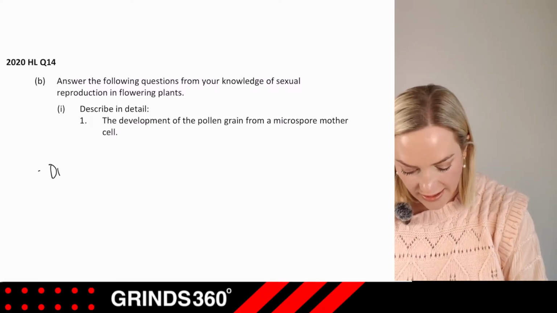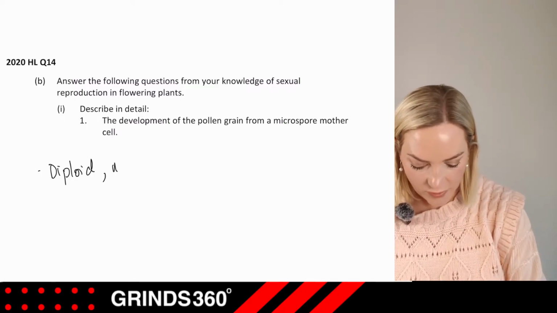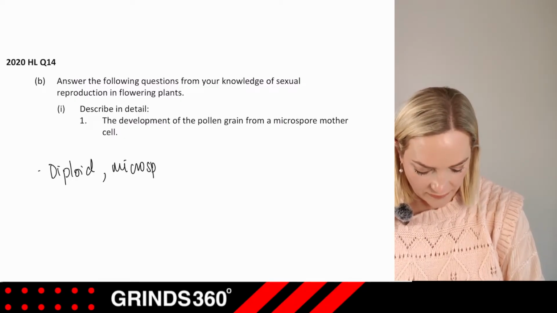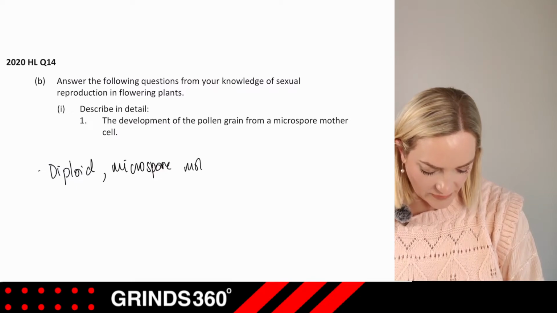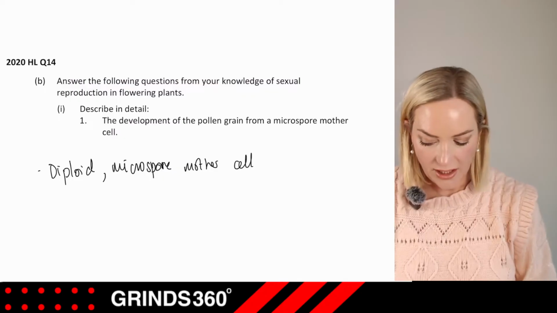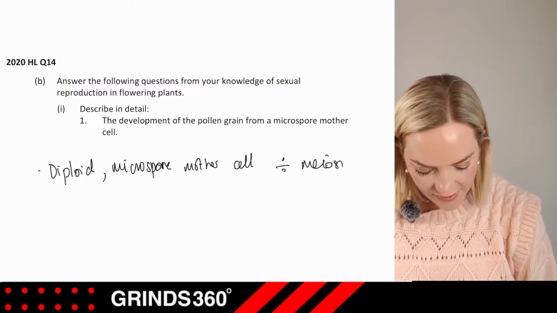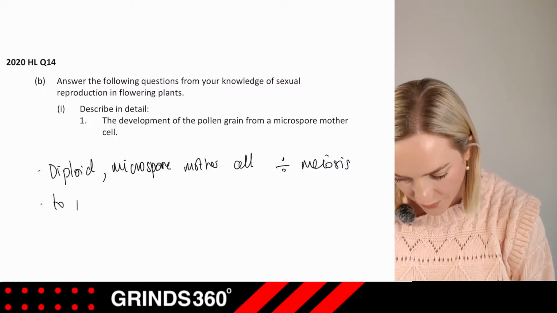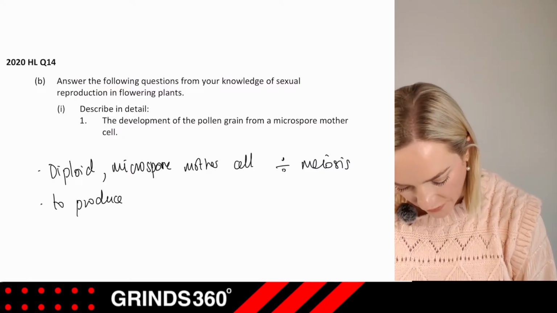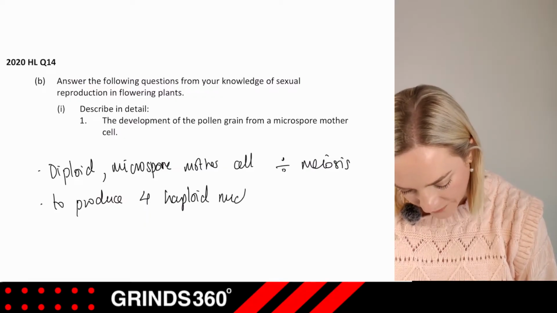So we're saying here, the diploid, and we can say again, microspore mother cell. But there won't be marks for that because it's already implied in the question. The microspore mother cell divides by meiosis to produce 4 haploid nuclei.